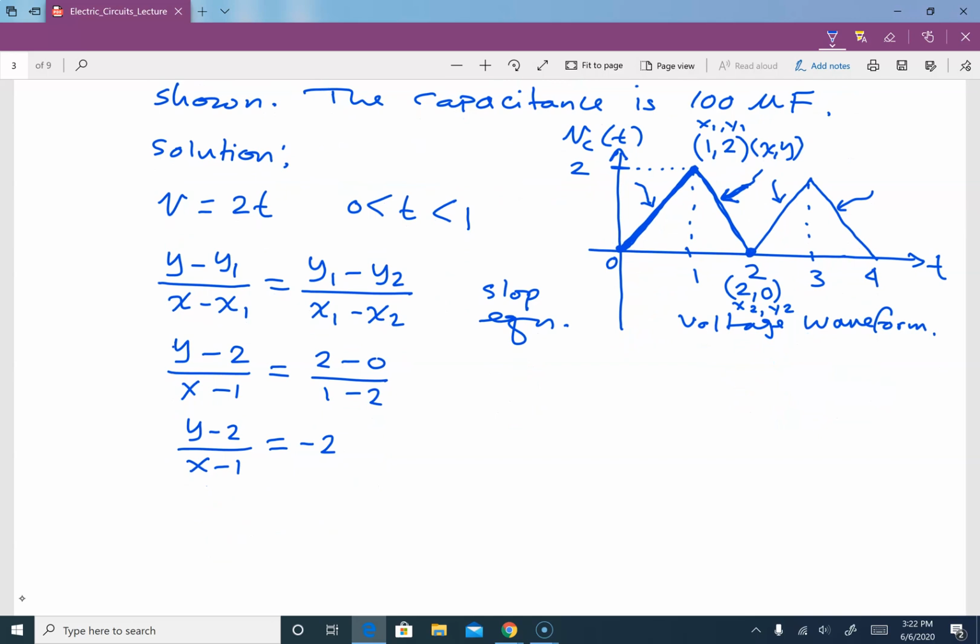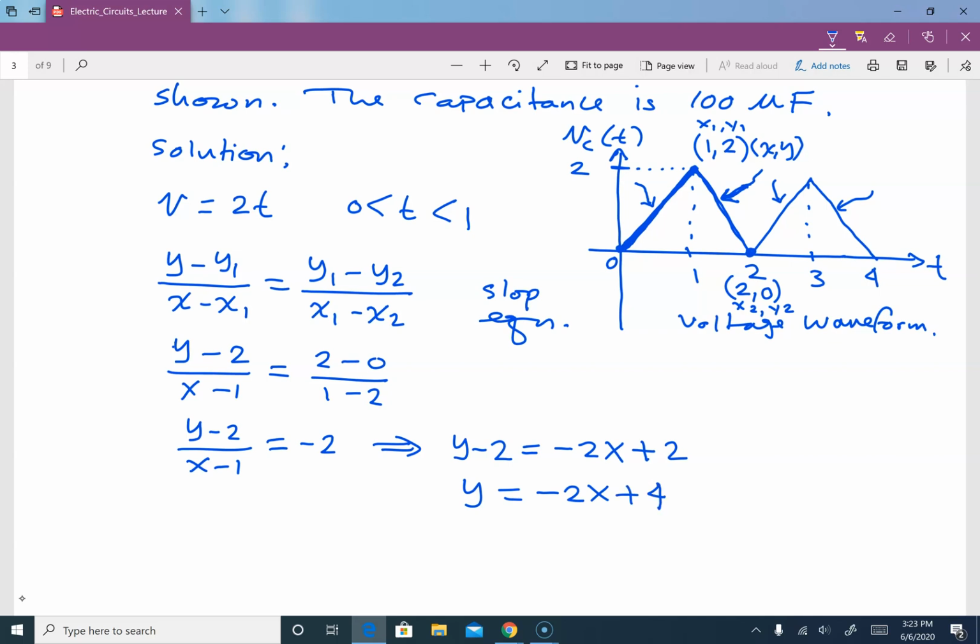So now our equation in this case, that will be y minus 2 is equal to negative 2x plus 2, which means y is equal to negative 2x plus 4.